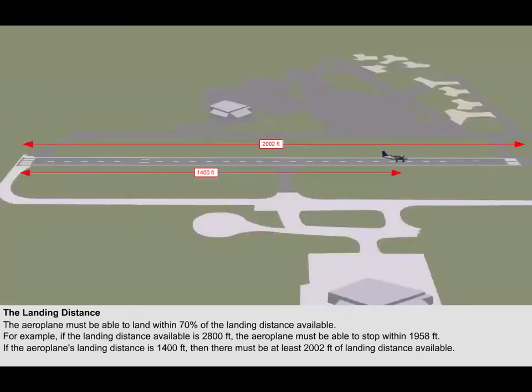If the destination aerodrome has a runway with a landing distance available in excess of 2,002 feet, the aeroplane will be able to land within 70% of the landing distance available, and therefore satisfy the regulation requirement. The 70% landing regulation helps us to see the difference between net and gross performance.